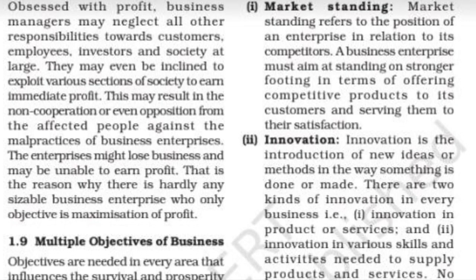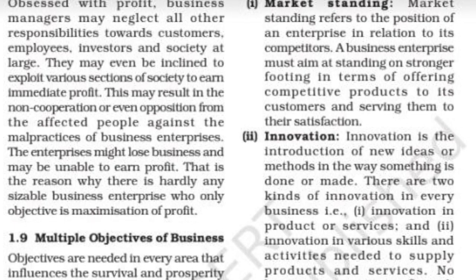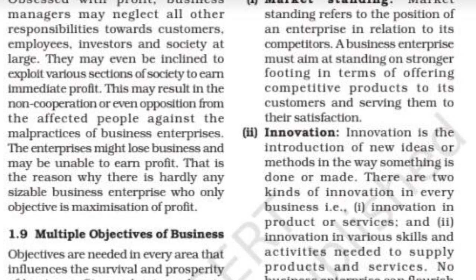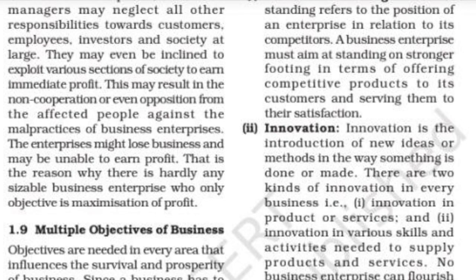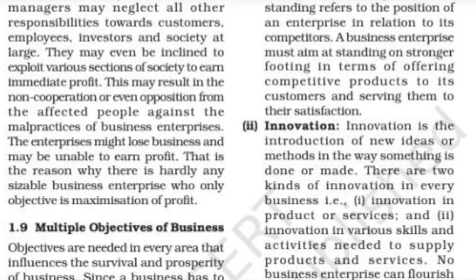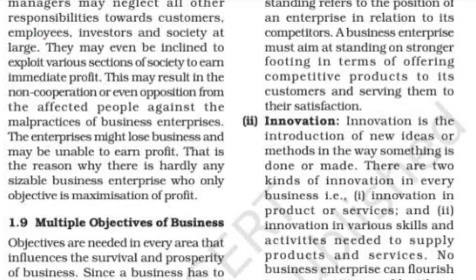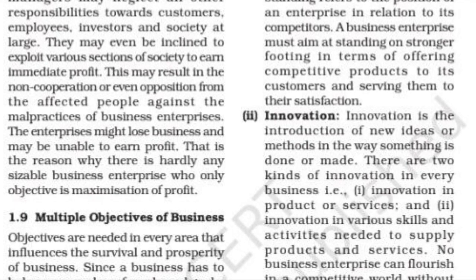So moving on to the second point, it is market standing. Market standing is a new point to you people. Market standing is basically a concept of at what position you are being seen by the consumers in the market in comparison to your competitors, or we can say at what position you stand in comparison to your competitors in the market.